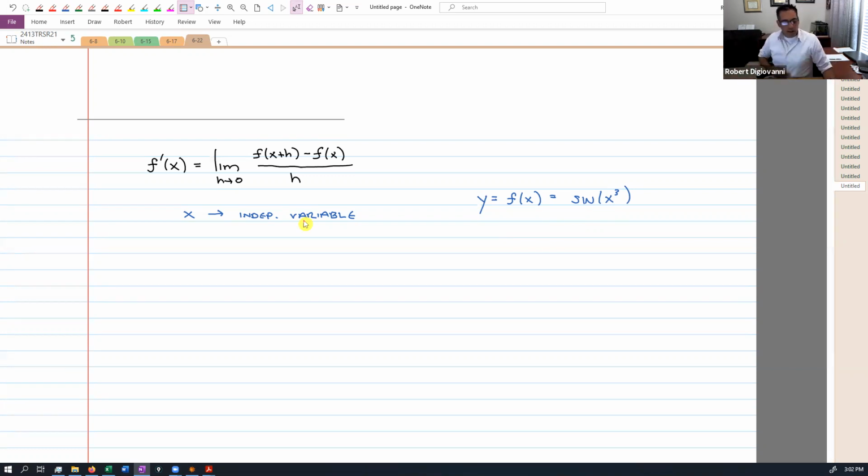So x was our independent variable. So f is a function of x. It depends on x. Or you could say y is a function of x because it depends on x.